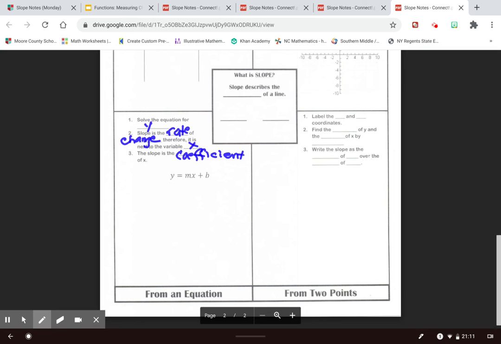Okay, so we see here y equals mx plus b. So y is going to equal 1/2 x plus 4. So in this equation here, the slope or the rate of change is 1/2. If I have y equals -3x minus 2, same thing, my slope or my rate of change is going to be the -3.